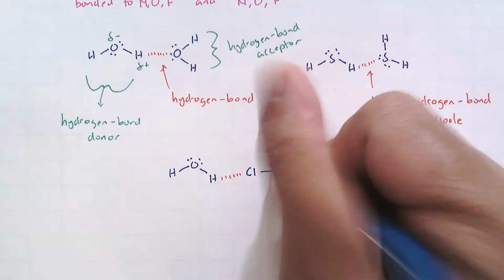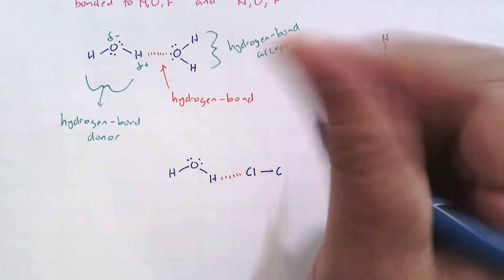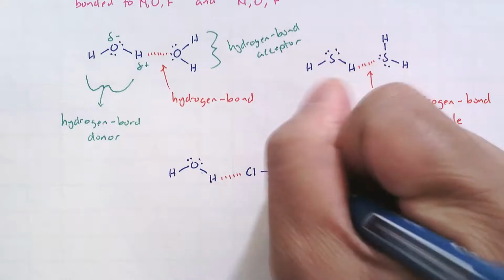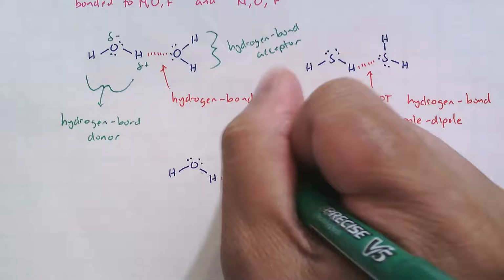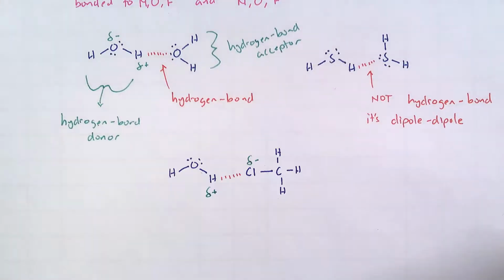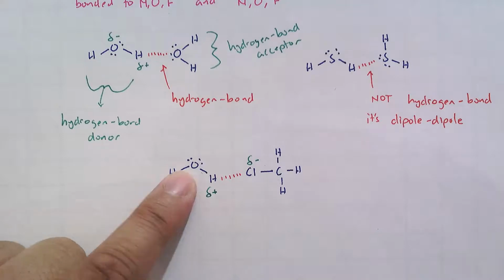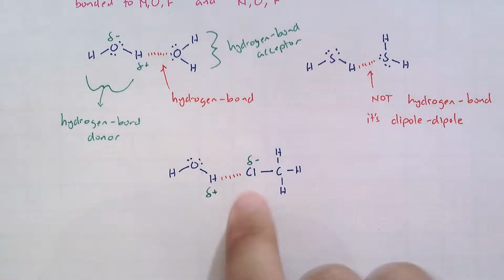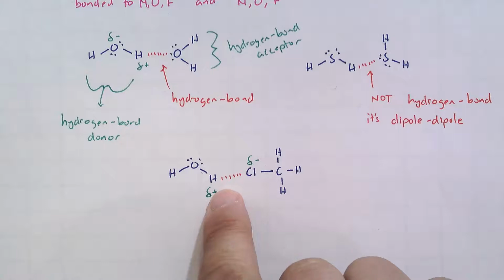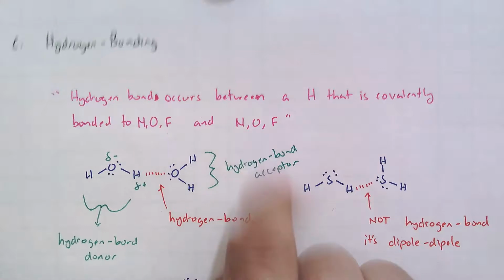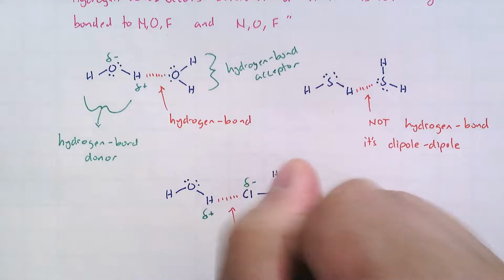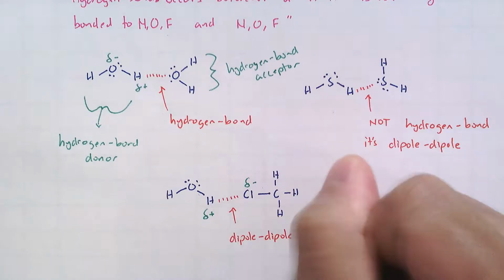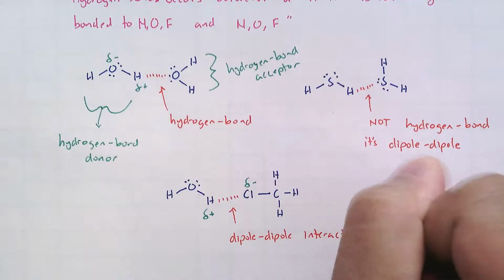Let me make this polar, sorry. So we'll put H's here. Is this a hydrogen bond? We do have a chlorine that's partial negative. We do have a hydrogen that's partial positive. The hydrogen is covalently bonded to oxygen. But the fact is, since the IMF is between hydrogen and a chlorine and not a nitrogen, oxygen, or fluorine, you will know this as just a dipole-dipole interaction.